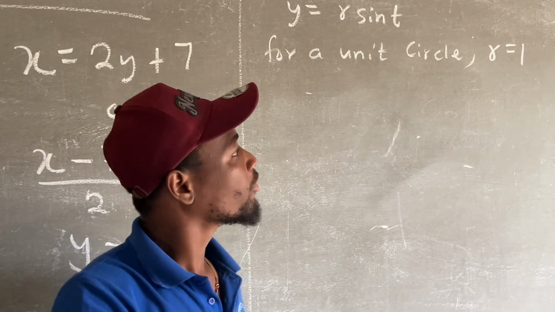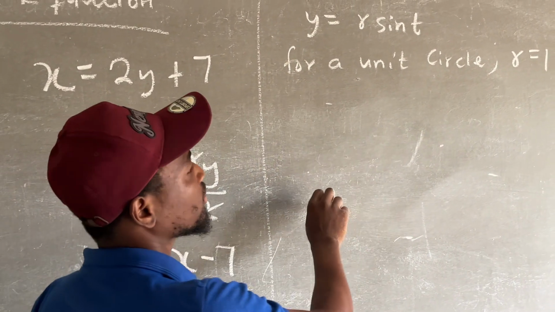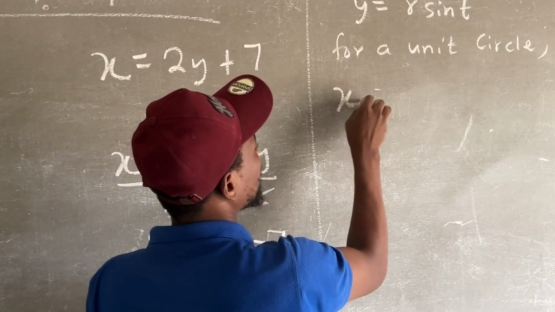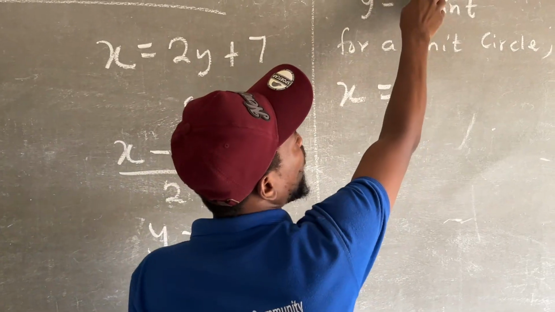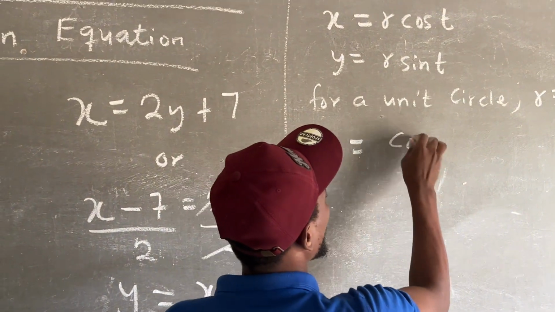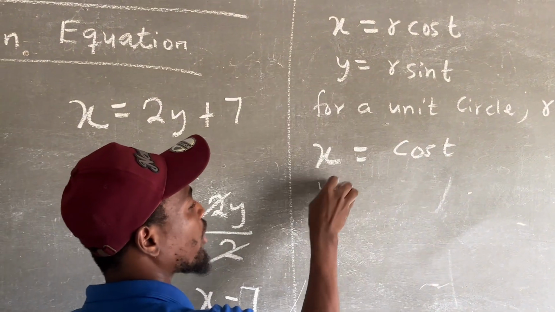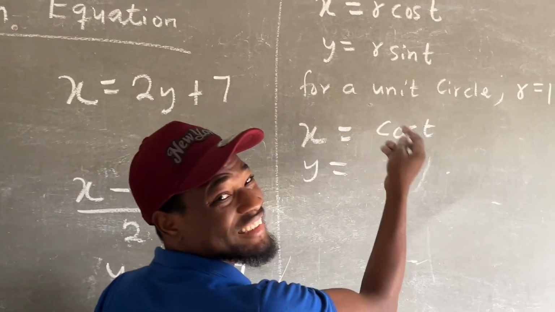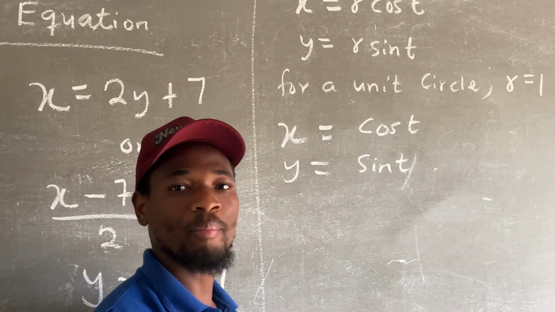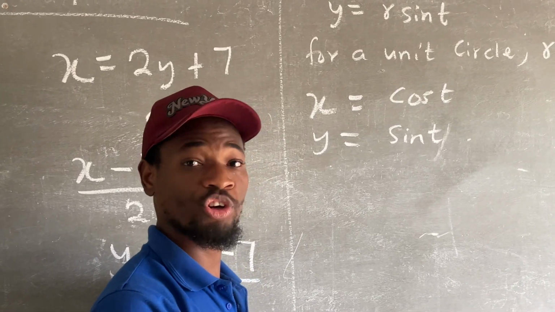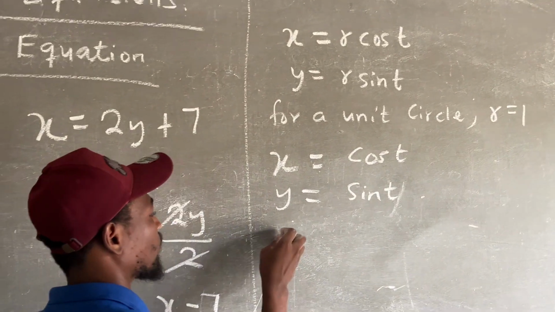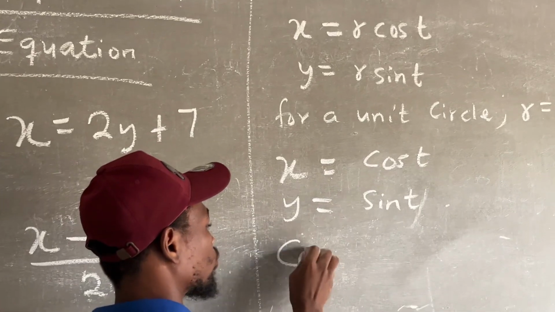Having said r is equal to 1, our x is equal to 1 times cos t, which is the same as cos t, and y becomes 1 times sine t, which is the same as sine t.